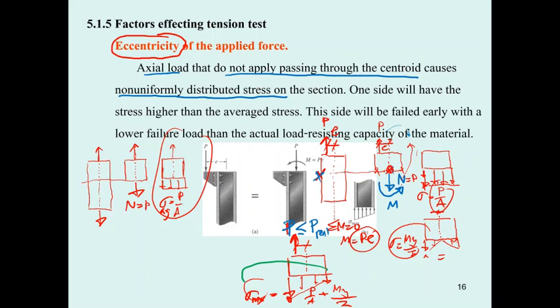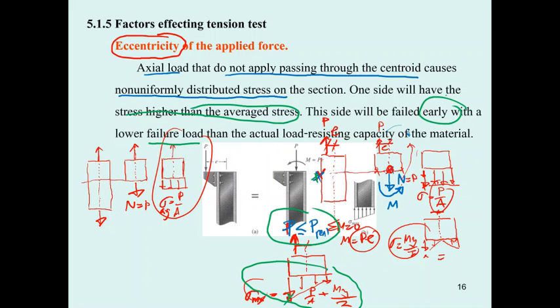This is going to be non-uniform, and one side will have stress higher than the average stress, I mean this side and this side. This side will fail early with a lower failure load. As I said, that P is going to be lower than the axial load.